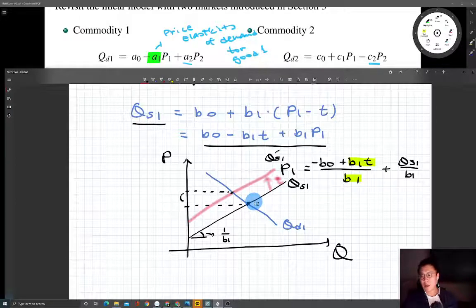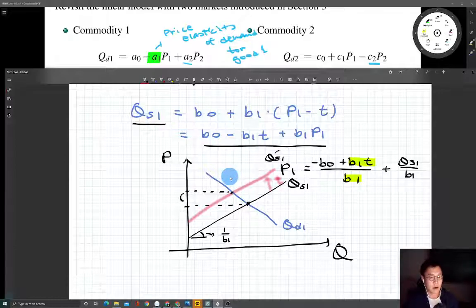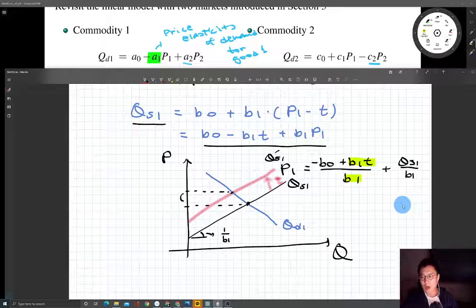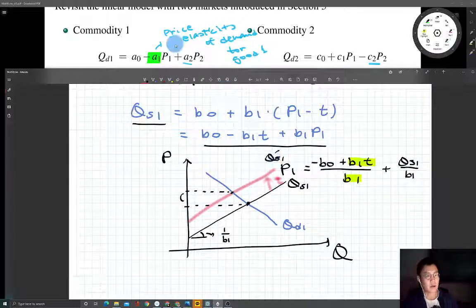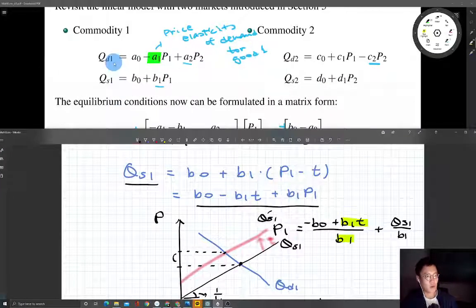But this is not the only thing we can say from this model, because this is a partial equilibrium analysis. When you compare these two equilibria, we didn't consider the impact of the change in price in market 2, because as I told you, the price of P2 has some impact on demand for good one.